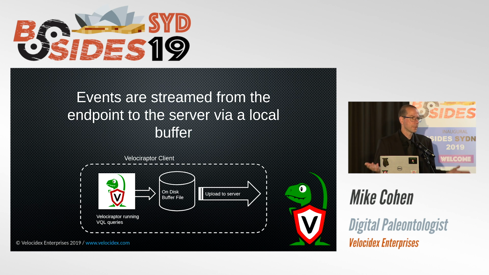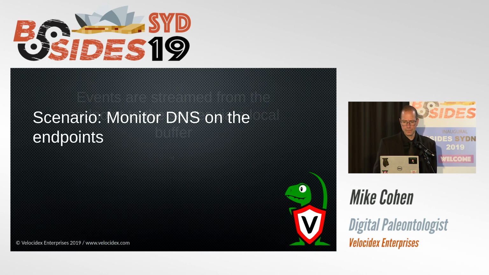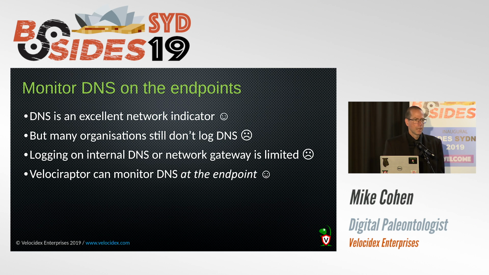And what can we do with an event query? It's kind of interesting. Let's have a look. So an example is to monitor DNS on the endpoints. DNS lookups are actually a really good indicator for malware, right? Because if you have threat information about bad C&C domains, you can go back through your DNS logs and see whether any of your machines have hit those bad DNS C&Cs.